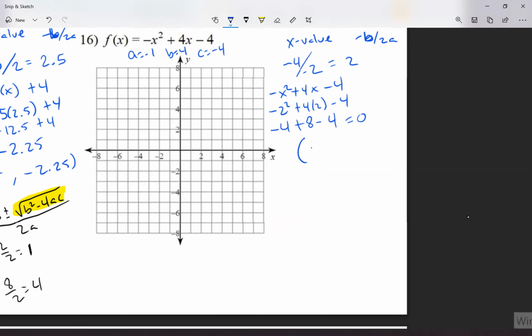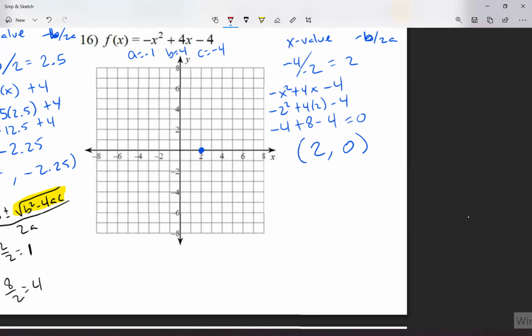So the coordinates 2, 0, that's my vertex. That goes right here. Okay, good. That's an easy point to plot, 2, 0. My graph, I expect it to be open down because my a value is negative, so I expect it to be open down.